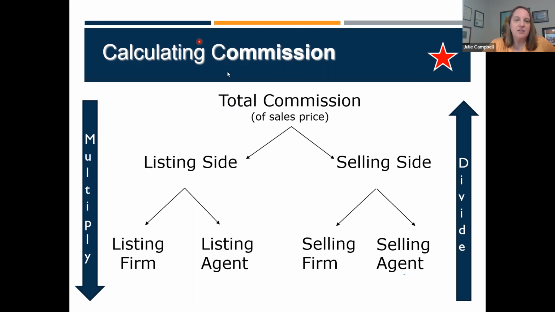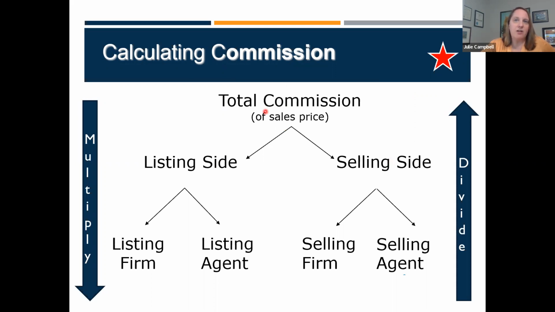Please understand, listing side and selling side don't always have to be 50-50. It could be a 30-40 split, whatever. What we need to know is that the listing side plus the selling side has to equal the total commission.